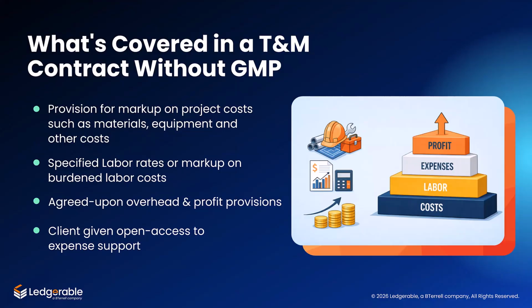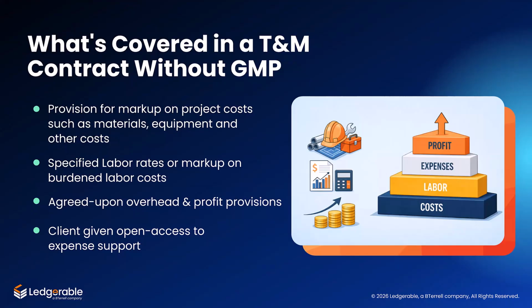Usually the contractor bills for project costs plus a markup for overhead and profit. Overhead and profit are sometimes billed as separate line items, but they can also be built into each cost category or item in the contract's schedule of work. Labor is often billed at agreed upon fully burdened rates for each trade or category, which are designated in the contract.